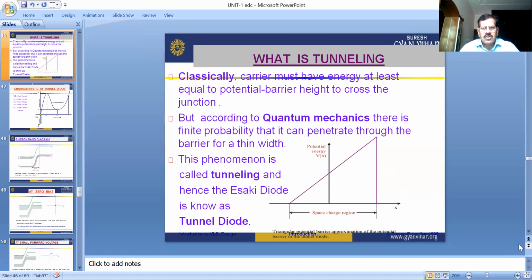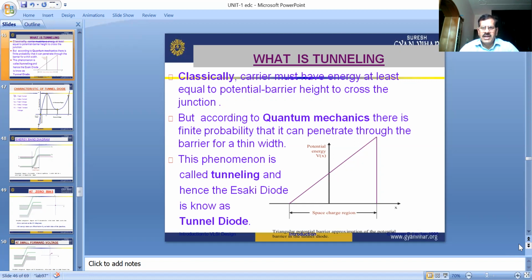But according to quantum mechanics, there is a finite probability that it can penetrate through the barrier for a thin width. This phenomenon is called tunneling, and hence the Esaki diode is known as the tunnel diode, because the tunnel diode has the tunneling effect. And what is the tunneling effect?